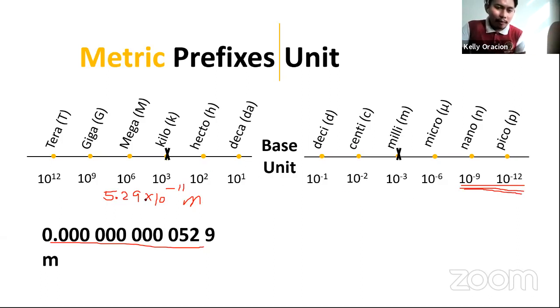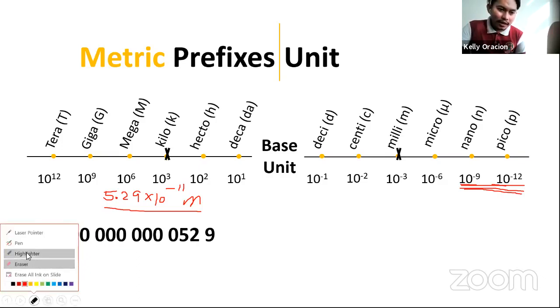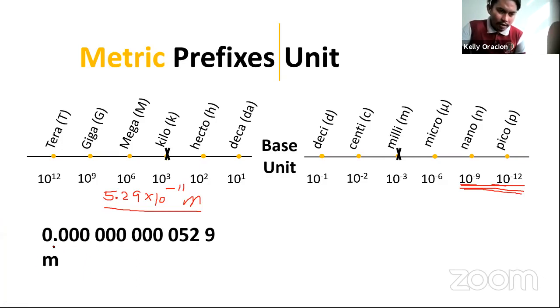So, what we will do here is take this 5.29 times 10 raised to negative 11 meters, and make the exponent either 10 raised to negative 9 or 10 raised to negative 12. Now, how about 10 raised to negative 9? Let's have a 10 raised to negative 9. So, we count 1, 2, 3, 4, 5, 6, 7, 8, 9.